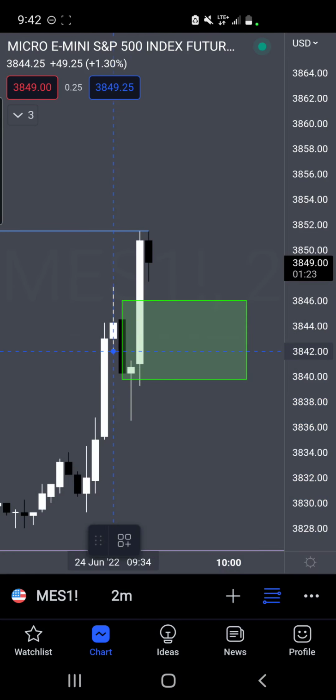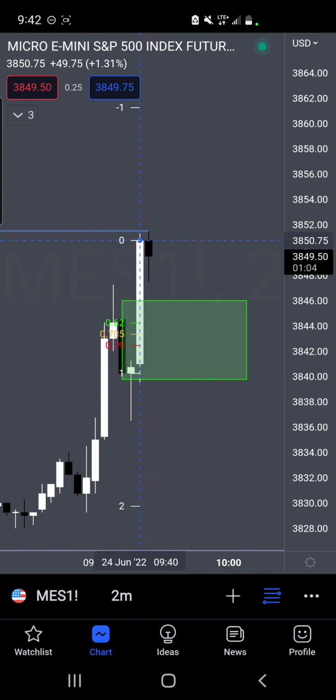So you draw a fib. You could use the wicks or the bodies. On lower time frame, I prefer to use the bodies because wicks have little volume. On the lower time frame, like a 2 minute, this wick barely has any volume relative to the body. So I'll just draw it from the low to the high of that point.